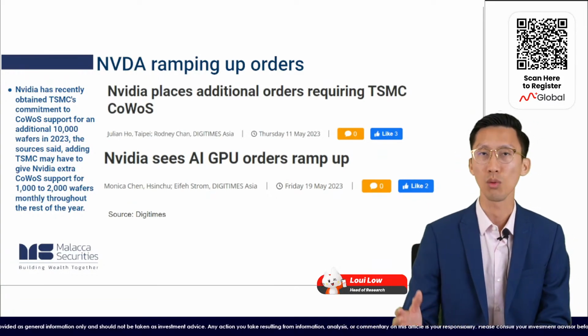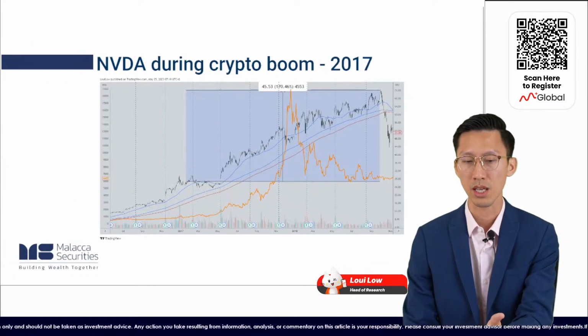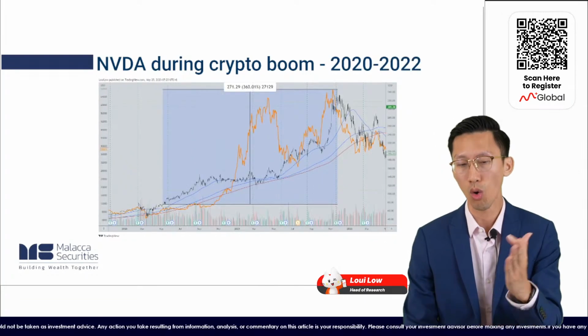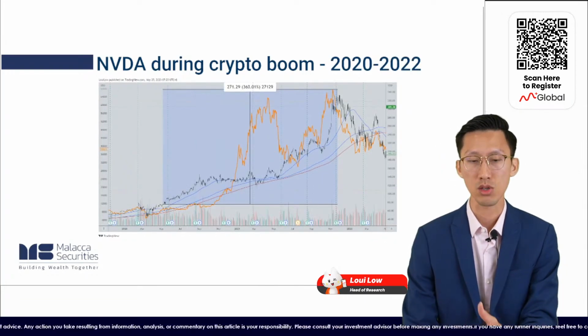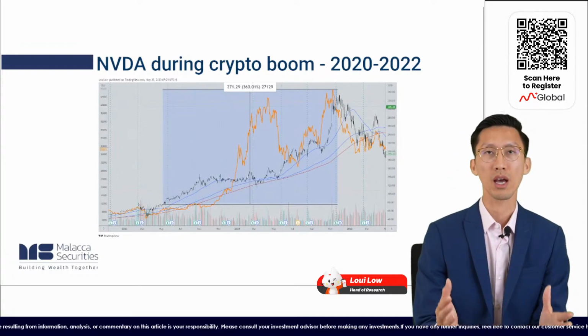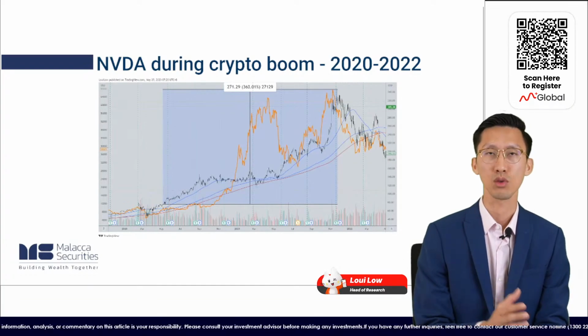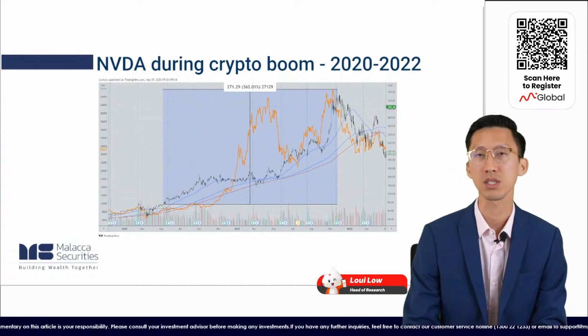It can continue, perhaps towards just now what I mentioned here, the 170% based on the crypto rally, or even 360%, okay, based on the next wave of crypto boom. So I'm just giving an idea that even in the crypto rally, they can actually rally more than 170% and towards 360%.